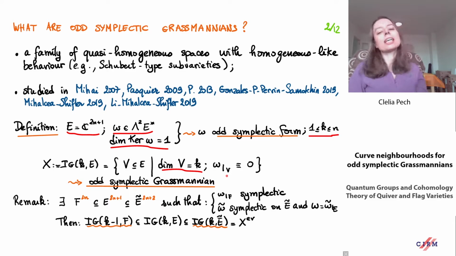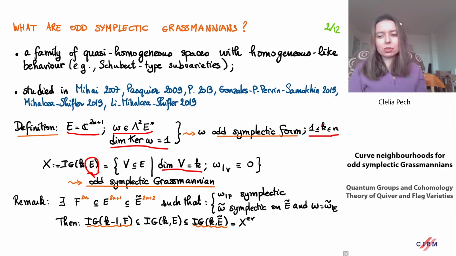It turns out that it doesn't matter which omega I have chosen. So in the notation later on, I will not use E, but I will merely encode the dimension of E, 2n+1.